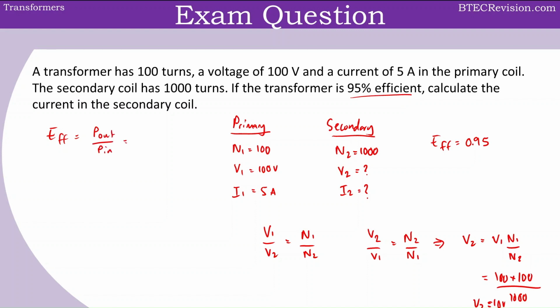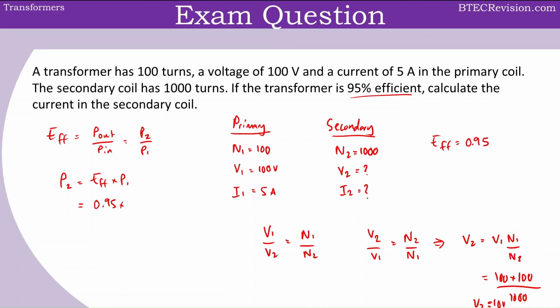So in our case, power out is going to be in the secondary coil, so that's P2. And then power in is what's coming in from the primary coil, so that's P1. If you rearrange for P2, that's equal to the efficiency times P1. So that is 0.95 times P1.